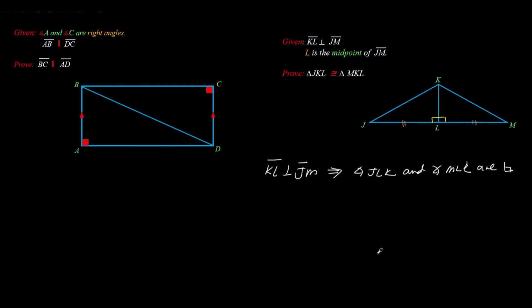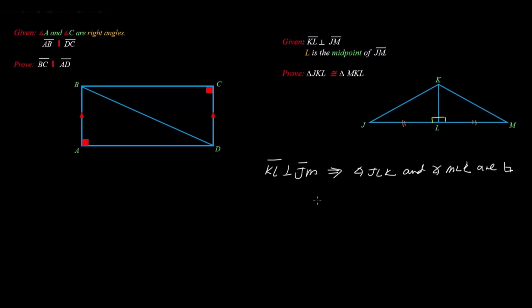So from this given information, from them being perpendicular, we get JLK and MLK to be right angles. Why? Because if two lines are perpendicular, then they form four right angles. That's the definition of perpendicularity.